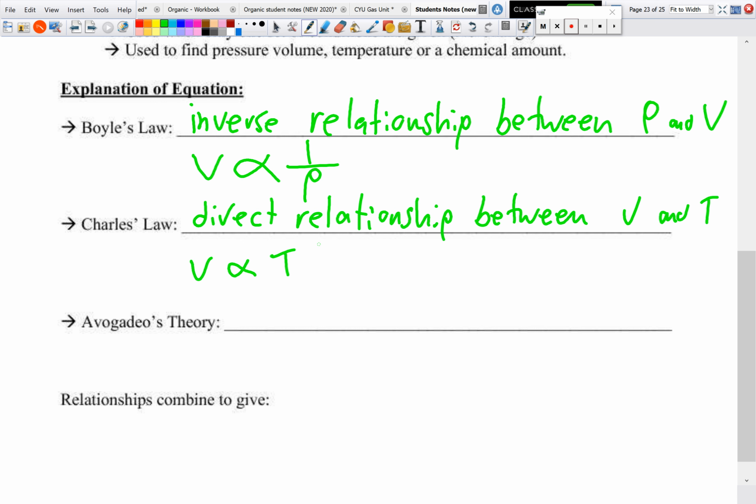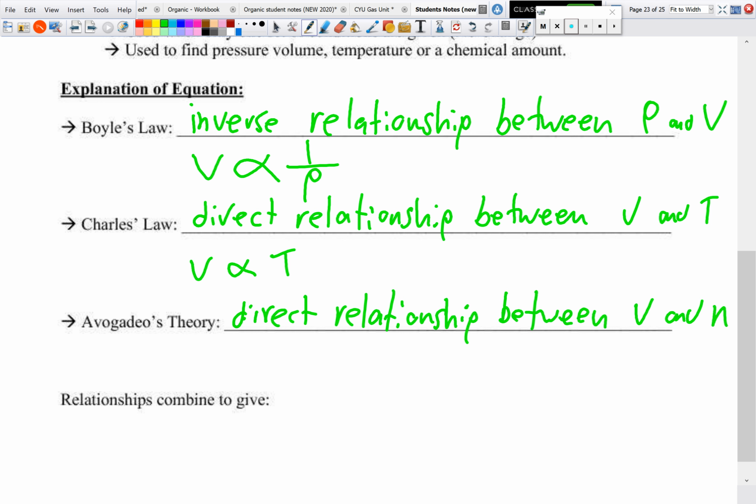And Avogadro's theory, we just talked about a little bit, but this was a direct relationship between, in this case right here, volume and number of moles. And that is, of course, if we put more gas inside of a container, the volume went up. If we took gas out of the container, volume went down. You can imagine blowing into a balloon, this type of thing. And that was kind of brought into molar volumes as well.